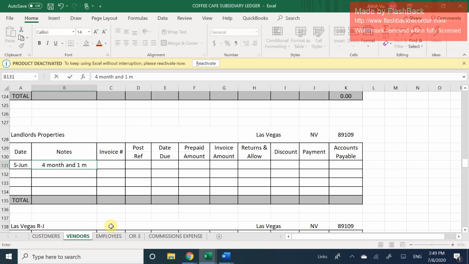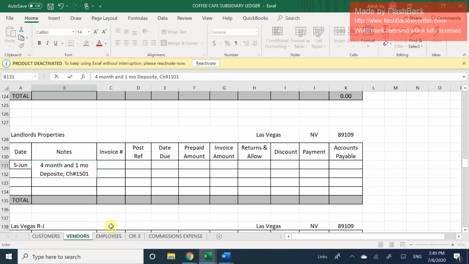Yes, you do indicate the check number here. But what I'm going to indicate is more details such as what this entire thing is. It's 4 months rent and my deposit, and I wrote for the check number 1501.